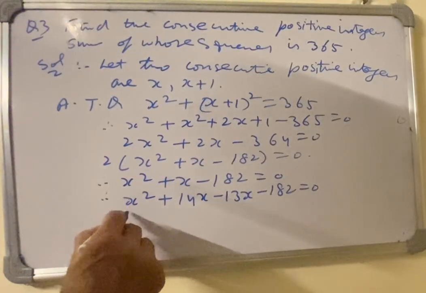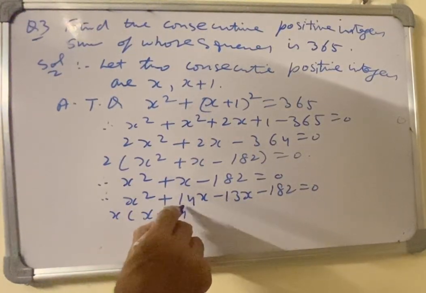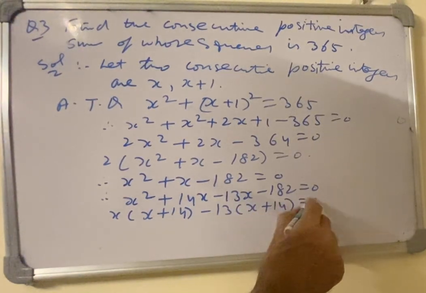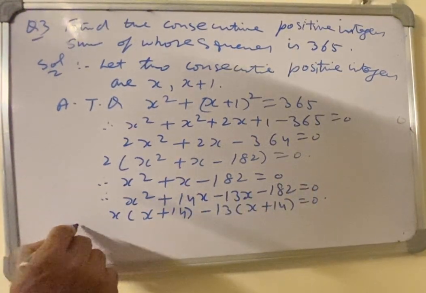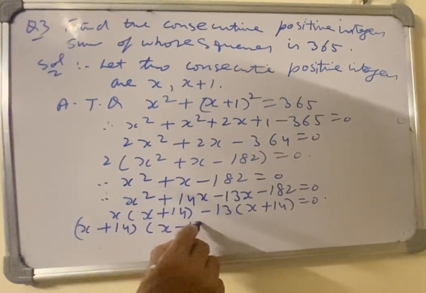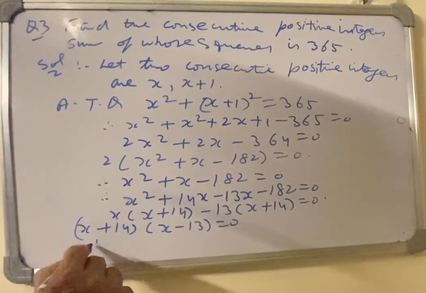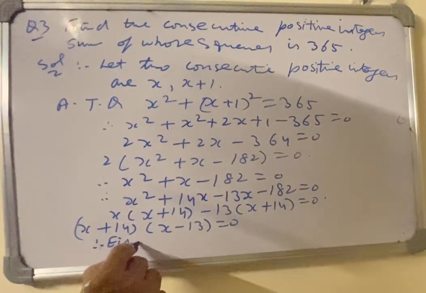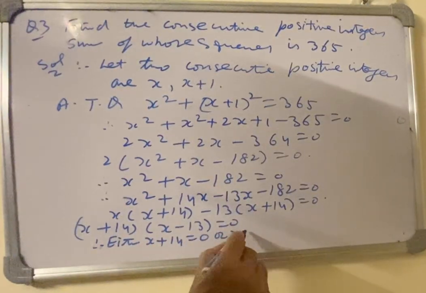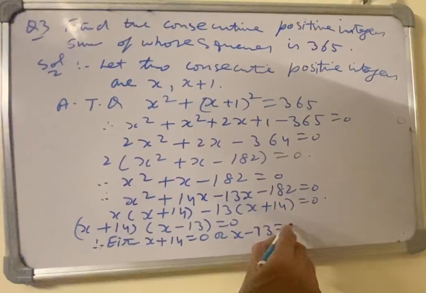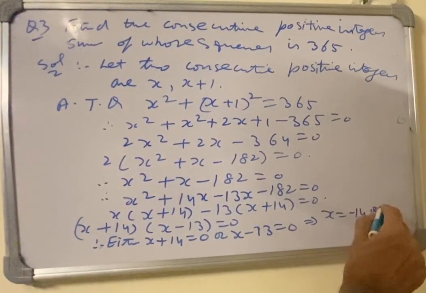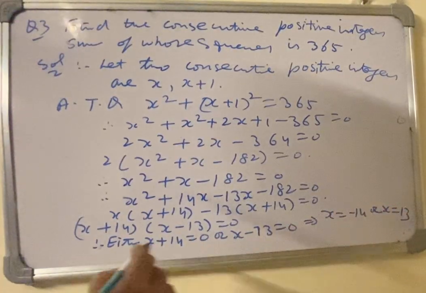Do it in the same way: x into x plus 14 minus 13 into x plus 14 is equal to 0. So x plus 14 is common, into x minus 13 is equal to 0. Therefore, either x plus 14 is equal to 0 or x minus 13 is equal to 0, which will give you x is equal to minus 14 or x is equal to 13.